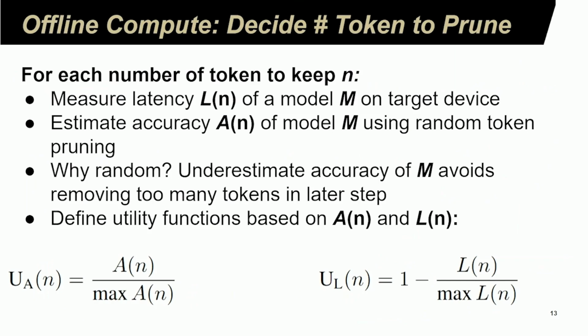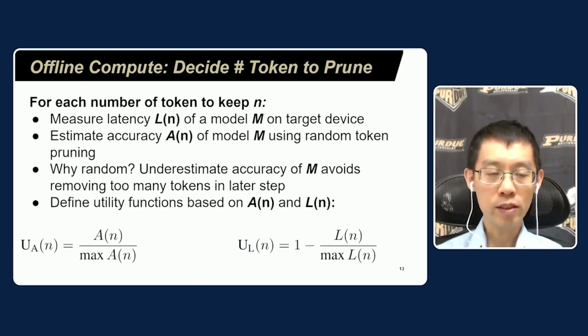We also use a conservative method. We will calculate the accuracy using random token removal. The reason is this will be the lower bound of the accuracy because when we remove tokens randomly, we do not have an intelligent method to remove tokens. Later on, when we incorporate the information calculated in the earlier layers, our token removal will be informed.